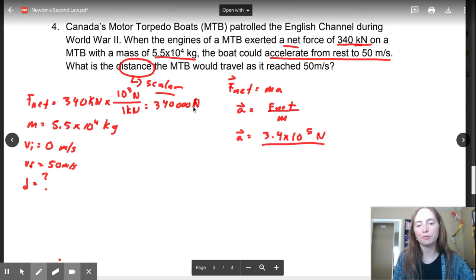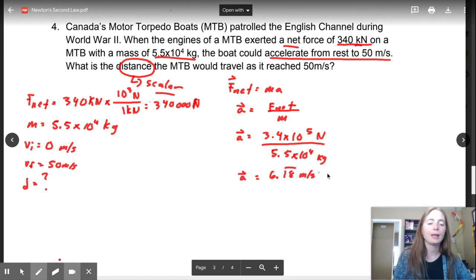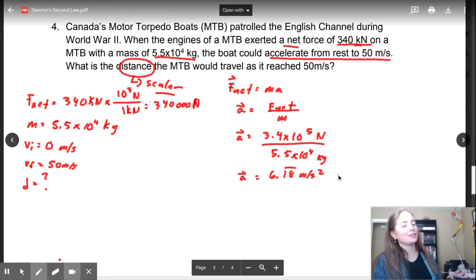Or you can write it like this. Either way, that's fine. And our mass is 5.5 times 10 to the power of 4 kilograms. And we're going to wind up with an acceleration of 6.18 repeating meters per second squared. Leave all those values in your equations.